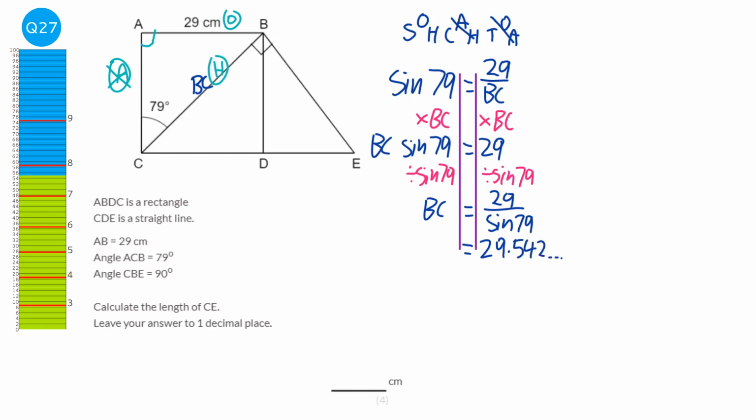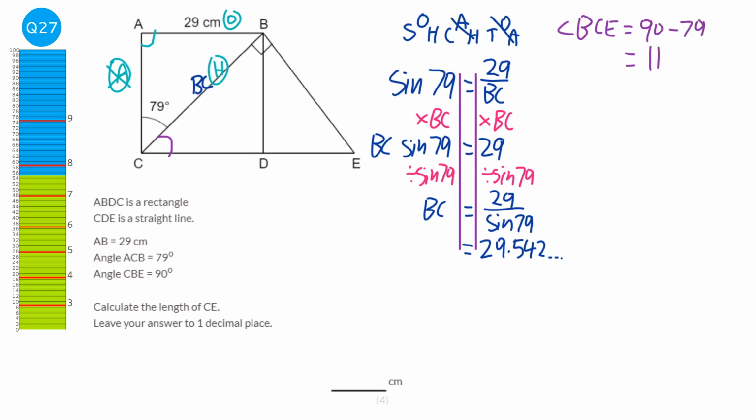Okay, so next thing we need to figure out is angle BCE. So where are we? This angle here. And to work that out, we're just going to take 79 away from 90. So angle BCE is 90, take away 79.